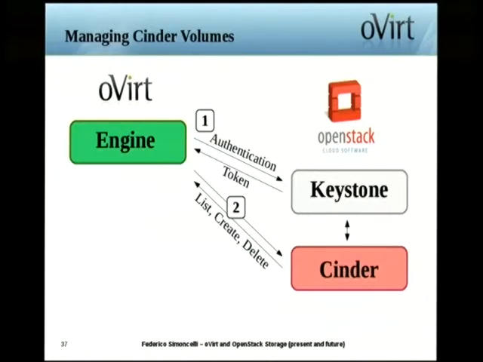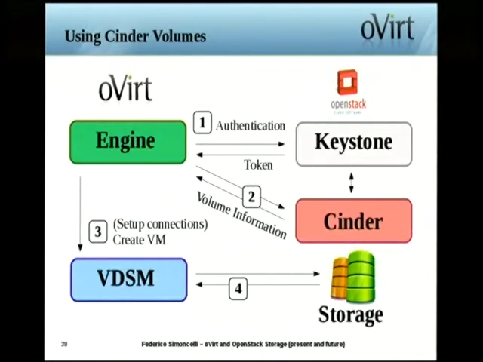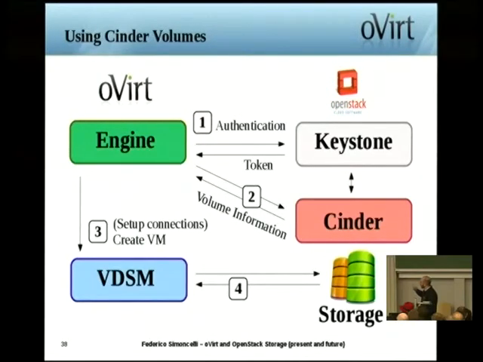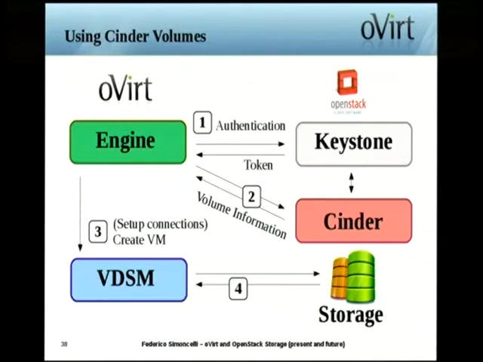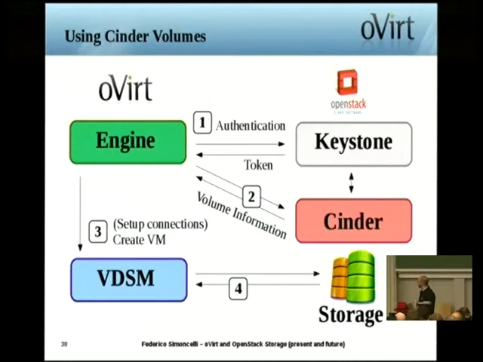And later on, when we actually want to use them, after we have created or identified the volumes that we want to use with some oVirt VM, we will either set up the connection or create a VM that will embed some way of connecting to the storage that is provided by Cinder. So this is pretty much what we are planning as future integration with OpenStack.